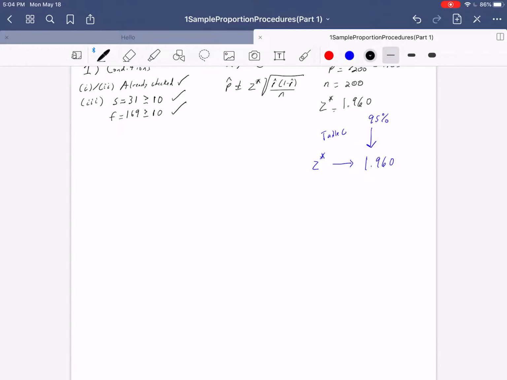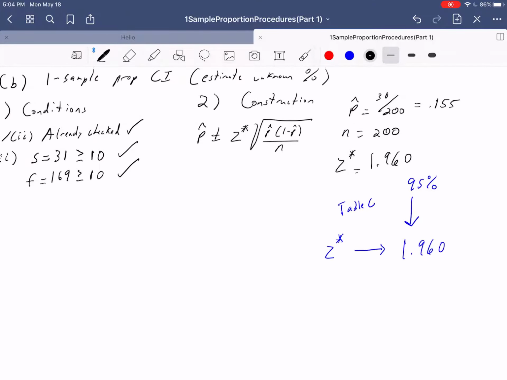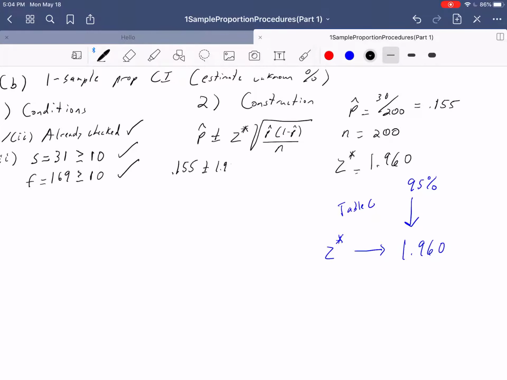So let's go ahead and plug all that stuff in. We have 0.155 plus or minus 1.960 square root 0.155 times (1 minus 0.155) divided by 200. As always, go ahead and type in this margin of error first.